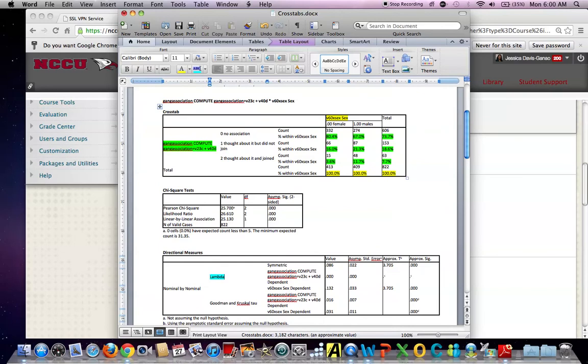Then we want to interpret the lambda. Okay, so this is our lambda value. This is our significance. This is that p-value that we talked about earlier. So this is our p-value.